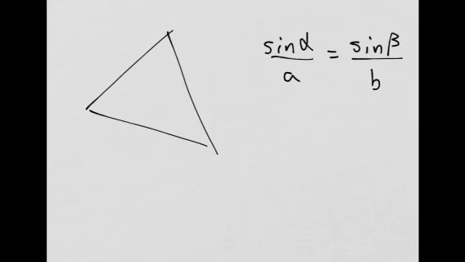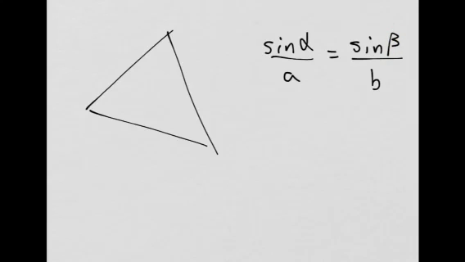I just might end up with two versions for beta. So anytime I'm using the law of sines and I have three things, and two of them are sides and one of them is an angle, that's when I can possibly have two sets of answers for beta.